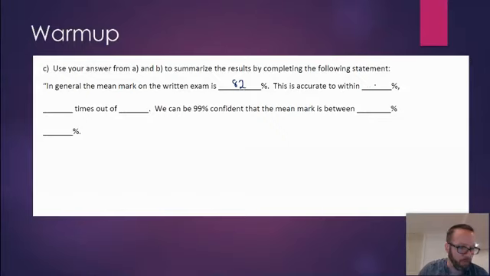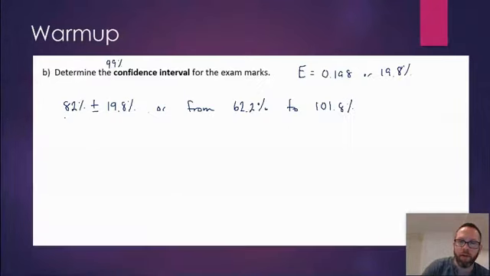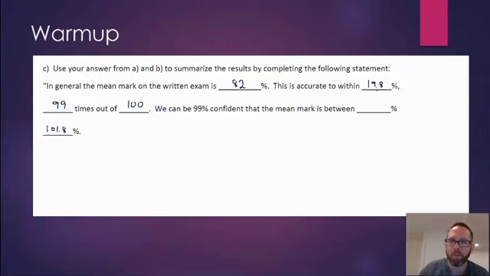This is accurate within 19.8%. And because it was a 99% confidence level, this is accurate 99 times out of 100. And then we just showed the mean mark is between the lowest value of 62.2 and the highest value of 101.8.